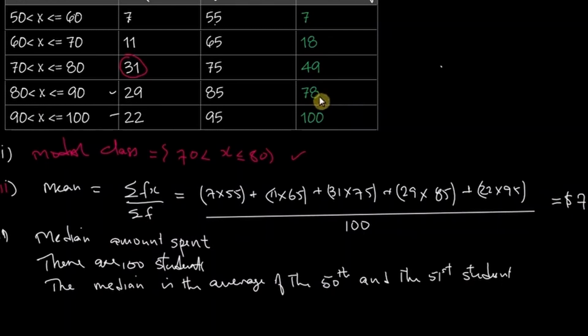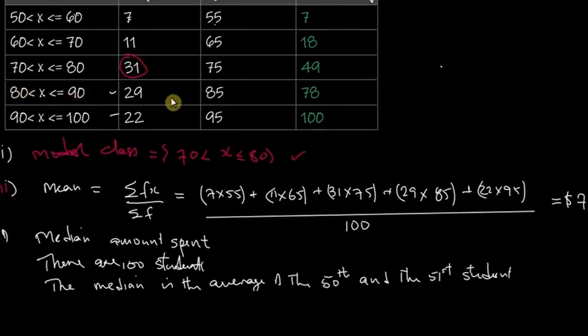So is the 51st student, because all students between 50 and 78 are in this class. So both the 50th and the 51st students fall in this class, which means they spend between $80 and $90. So the median amount of money spent is between $80 and $90.